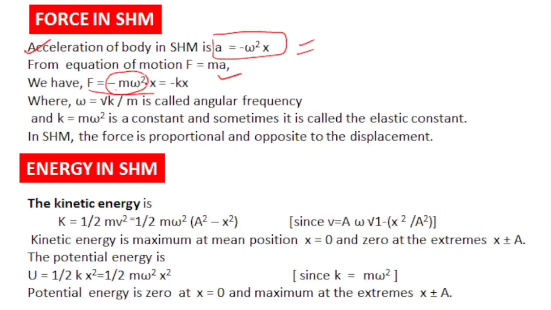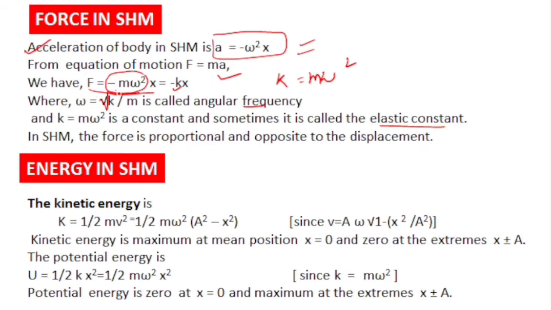These two are constants, so you can replace this by k, and you can write F equal to minus kx, where this k is what? k is m omega square. From here you get omega equal to root over k by m. This is called angular frequency, and k is a constant, sometimes called elastic or spring constant in simple harmonic motion.